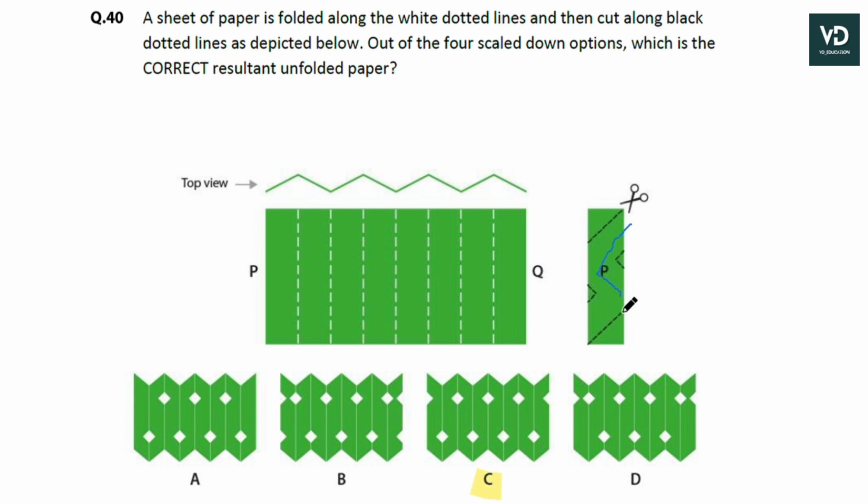This looks like S. Okay, so incorrect, and there will be a cut here, this part, and this will be cut here, this will be cut here, and this portion will be cut here. So the incorrect option is A, like here we don't have any cut, and this is the extra cut here, so this will be incorrect. And there is no extra cut here, but there is an extra cut here, so this will be the incorrect option. So the correct option will be C.